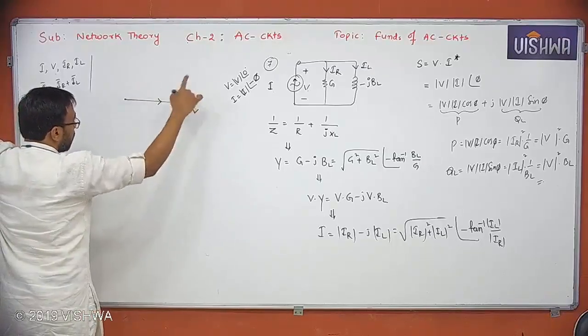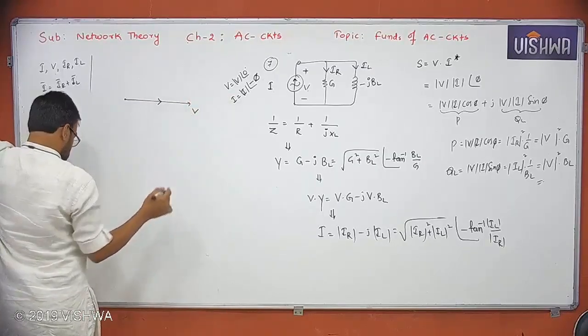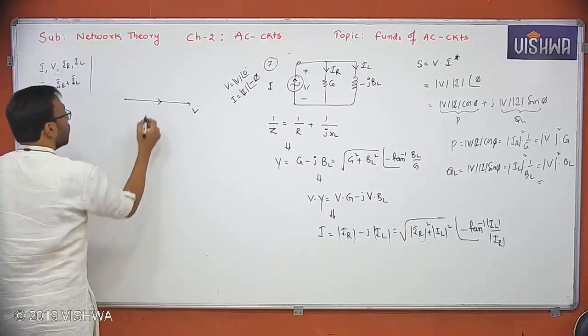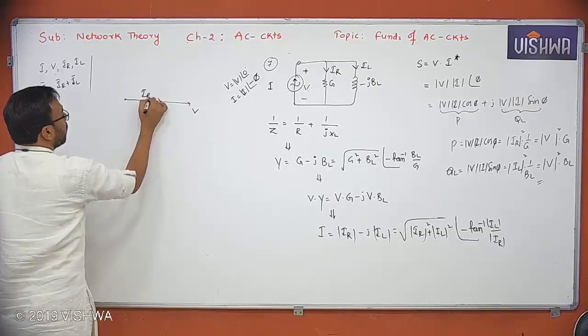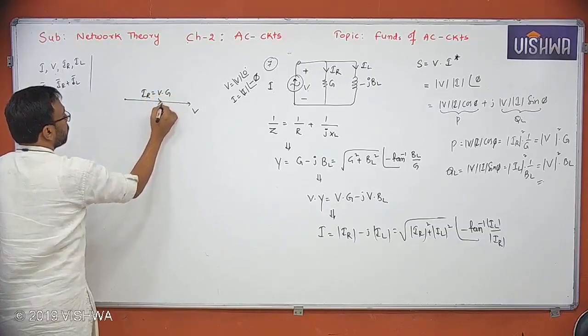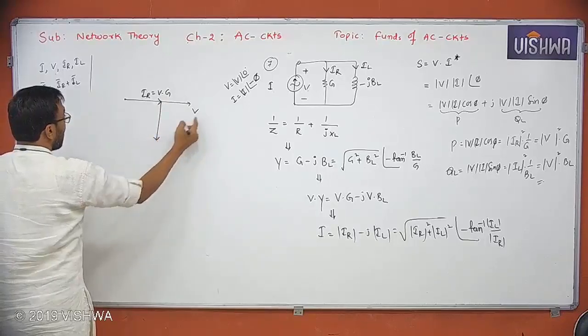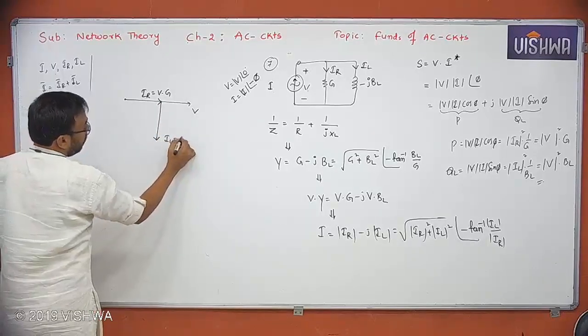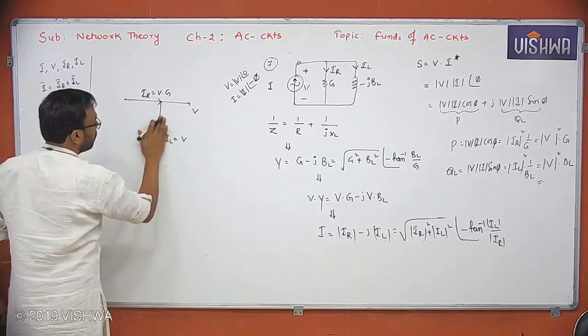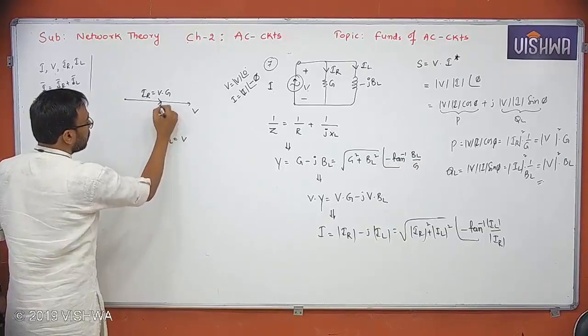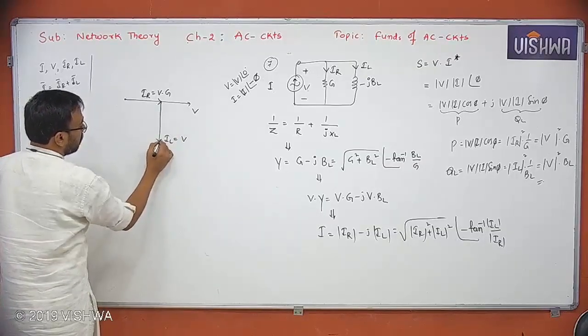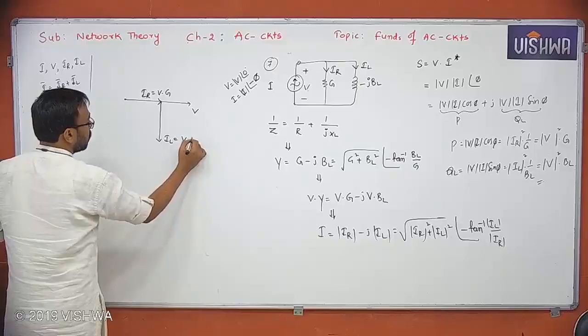IR and VR both are in phase, but VR and V both are the same here in this context. Therefore, IR is nothing but V into G. Now, the current lags behind the voltage: IL is nothing but V into BL.